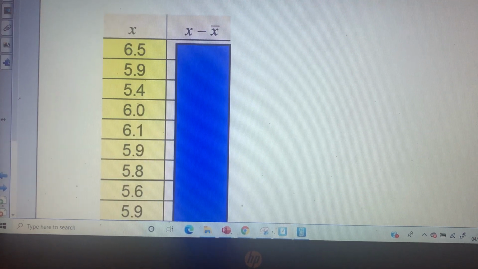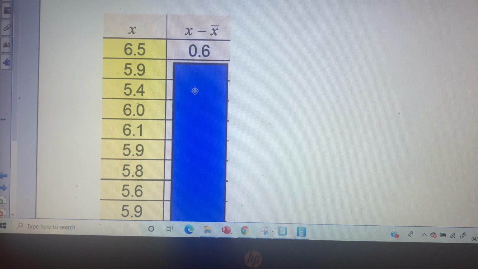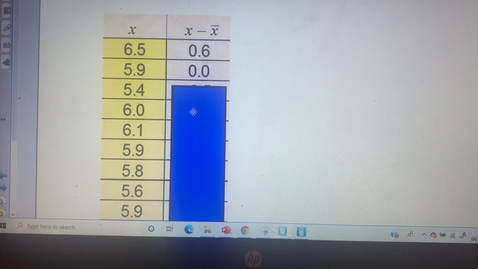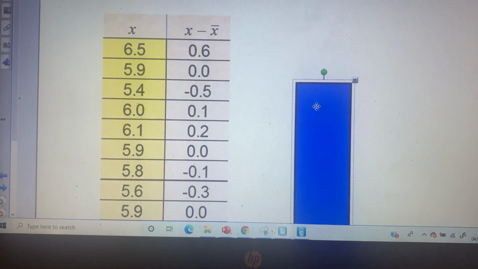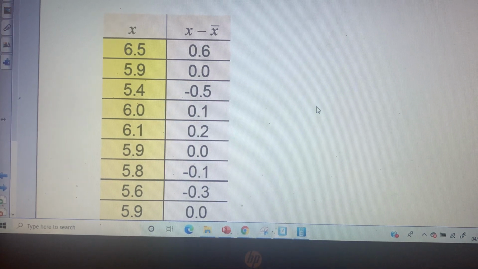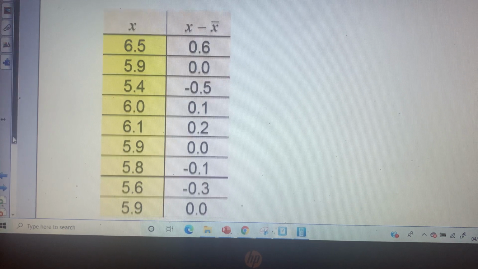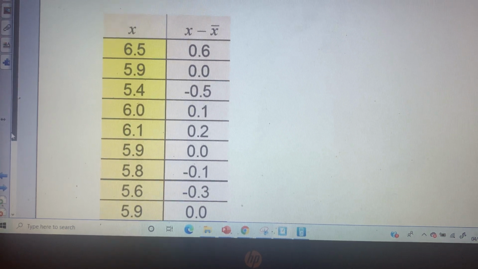So the first thing I'm going to do is subtract the mean from all these x values. So I'm going to do 6.5 take away 5.9, 5.9 take away 5.9. So I've got all these values here. These are my deviations from the mean.